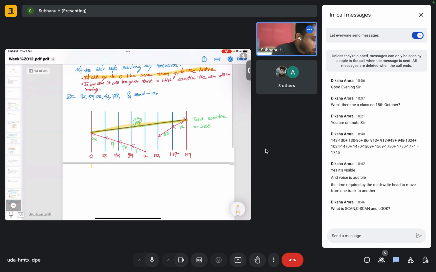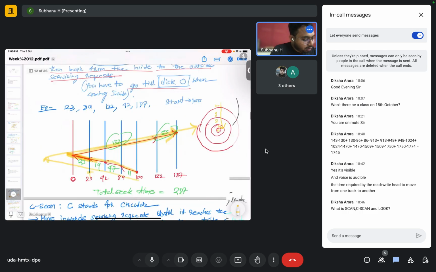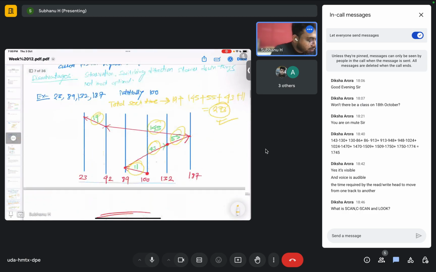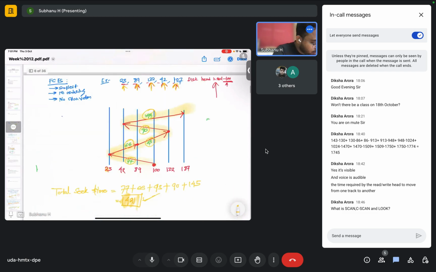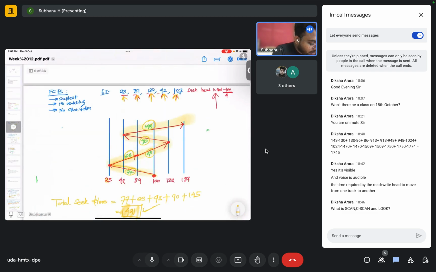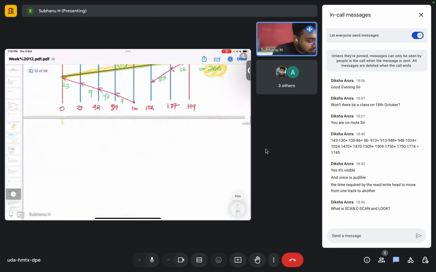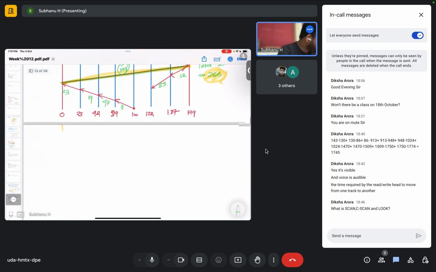Even so, this seek time is 366 only, which is less than our first come first serve, where you can see that it was 421. So first come first serve was like this, but here our C-SCAN is even less than first come first serve, which is 366 only.